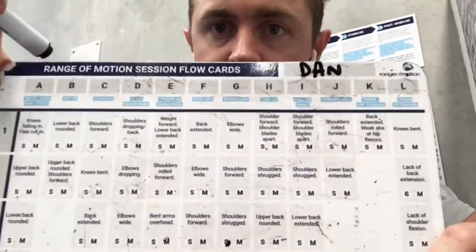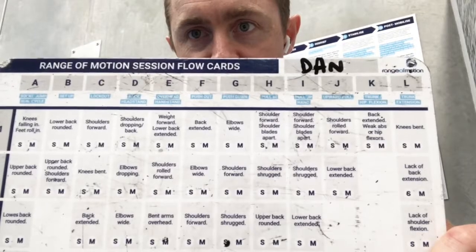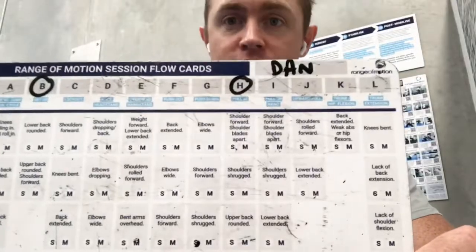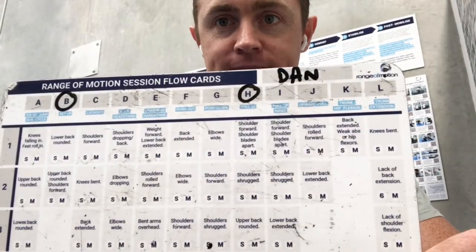Then you can see each of these different columns, A through to L, is one of those different positions that I just spoke about. So let's use that example of doing something like a rowing stroke, and we talked about that being a setup and a pull in. So we know that if all that person is doing is rowing, those are going to be the two columns they select.